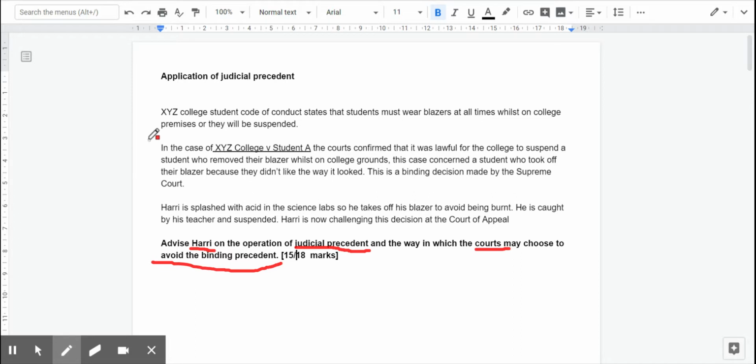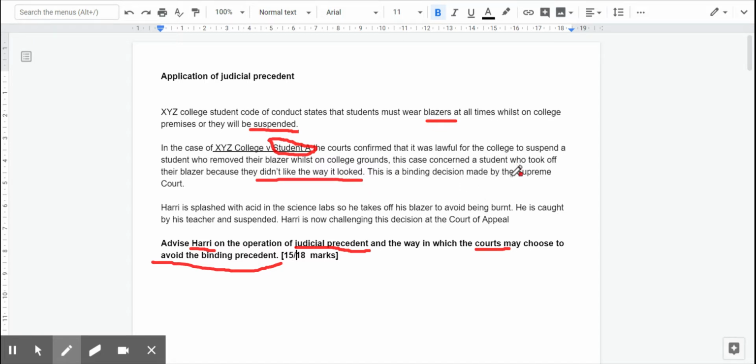So the XYZ College Student Code of Conduct states that students must wear blazers at all times whilst they're on college premises, or they will be suspended. In the case of XYZ colleges and student A, so remember our guy is called Harry, the courts confirmed that it was lawful for the college to suspend a student who removed their blazer whilst on college grounds, but the case concerned a student who took off their blazer because they didn't like the way it looked.